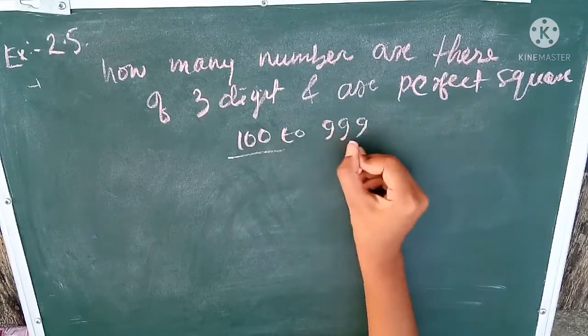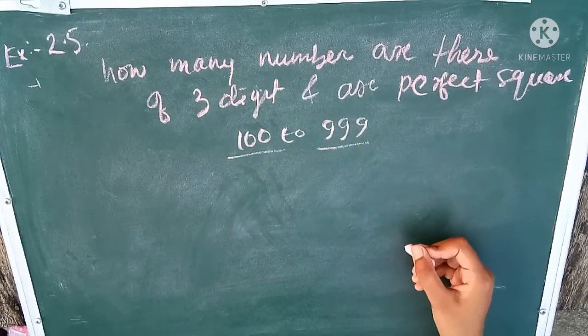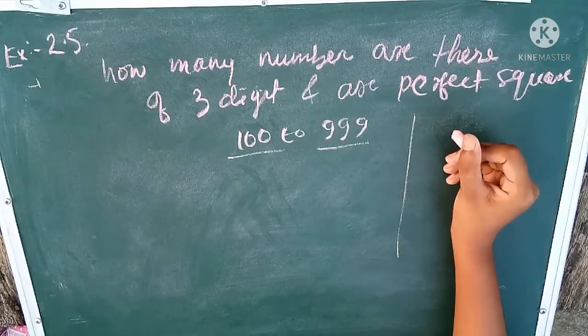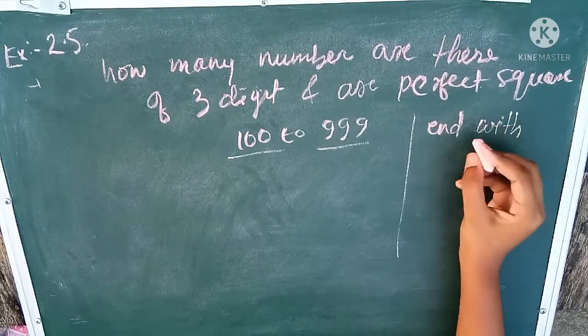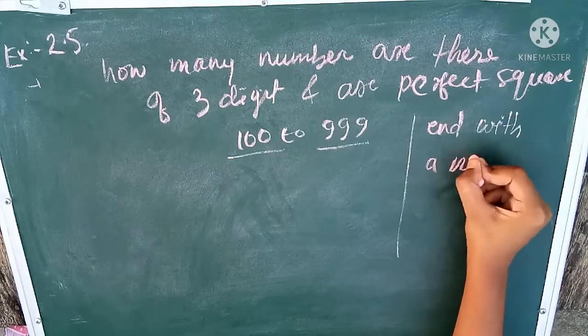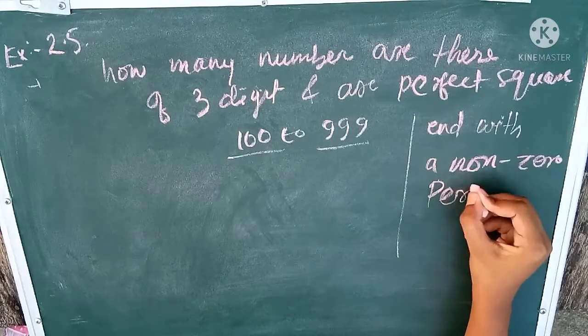There are many perfect square numbers among the 3-digit numbers, but here the condition is that the number must end with, or you can say the unit digit of the number must be, a non-zero perfect square.